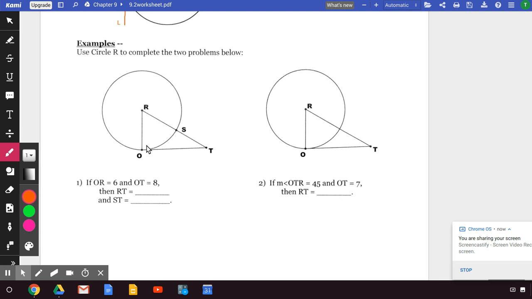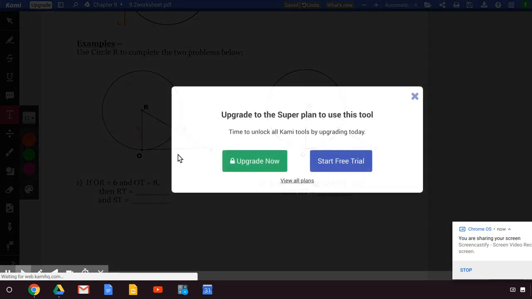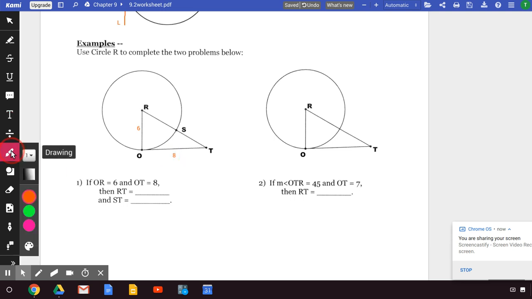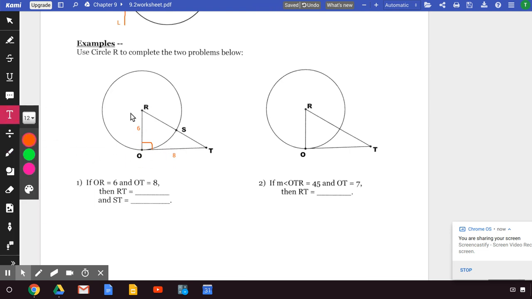We know that OR is 6. OT is 8. And we're looking for RT and ST. Now, since we know from our big idea that anytime a radius intersects a tangent, we have a right angle, we can use the Pythagorean theorem to find the length of RT.